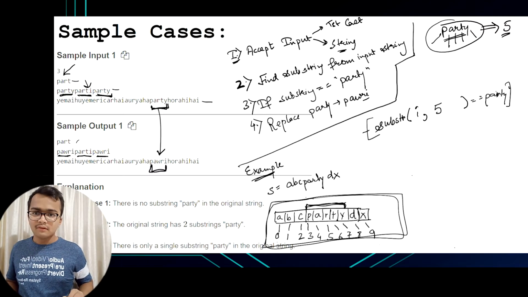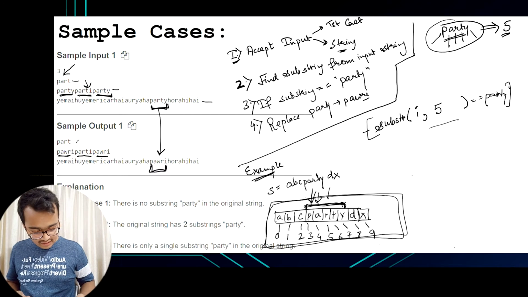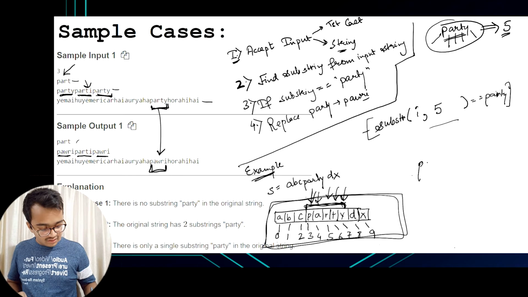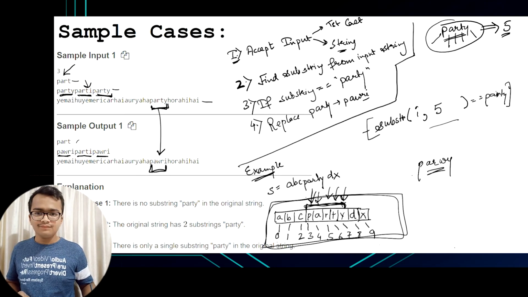My loop variable was here, the variable i was here at P. And it found that party is coming as a substring. So I will replace the upcoming characters, that is A, R, T, Y, with P, A, R, W, Y. Okay, understood the basic thing?